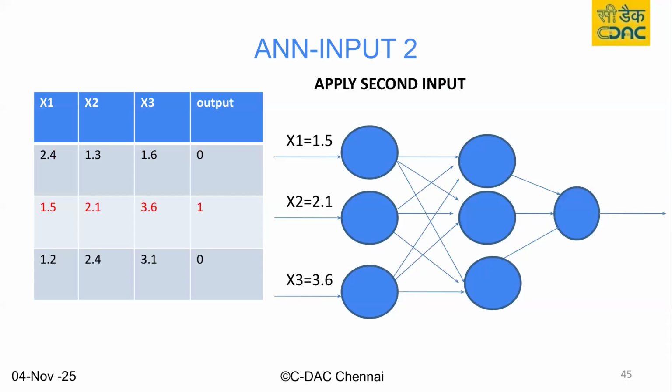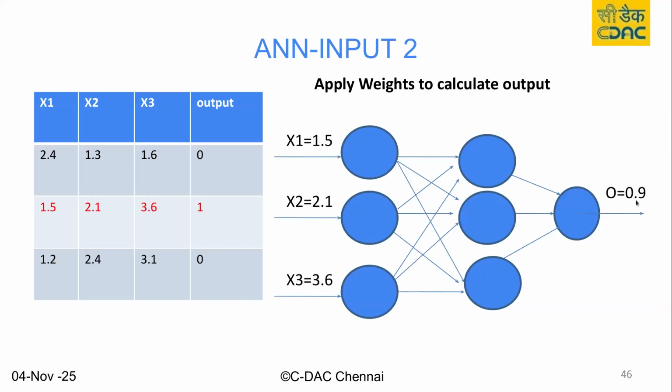So after that, I can apply the second row, with input 1.5 and 3.6, and my expected outcome is 1. Each time I apply an input, after all the calculation, I get an output value, here 0.9, and my expected outcome was 1.